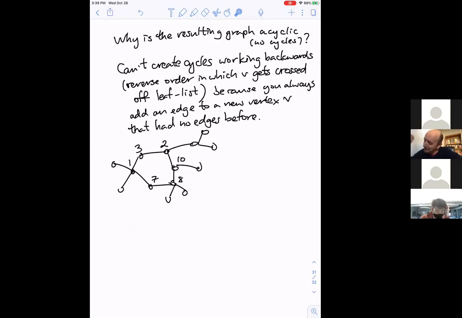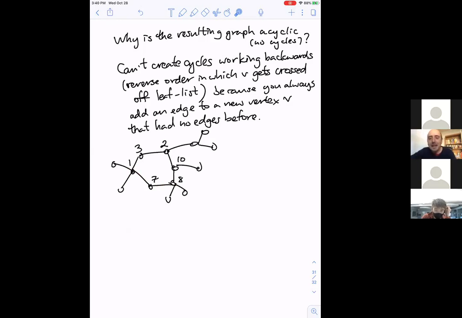So, right. If 7 was the last one that was added in this reverse ordering, these two edges can't have been added. One of them was what created the edge to the 7. It's not that two of them did that, because, I'm sorry, I'll let you think about it. This is one of these ones that I'm going to stumble over as I try to say it.